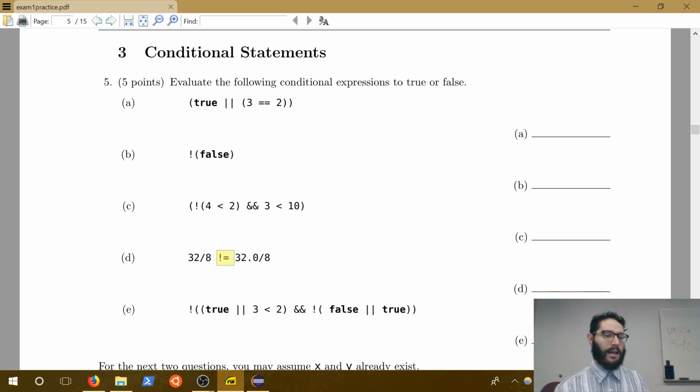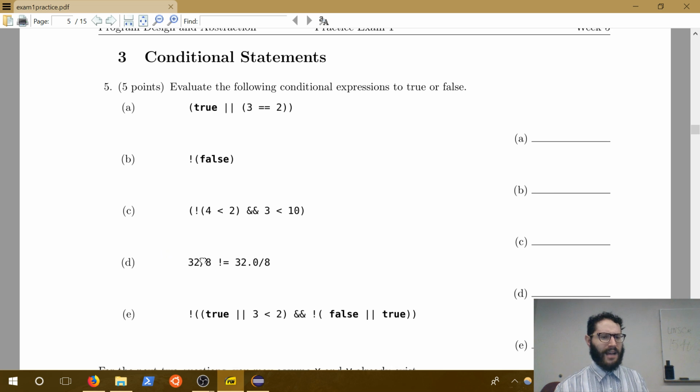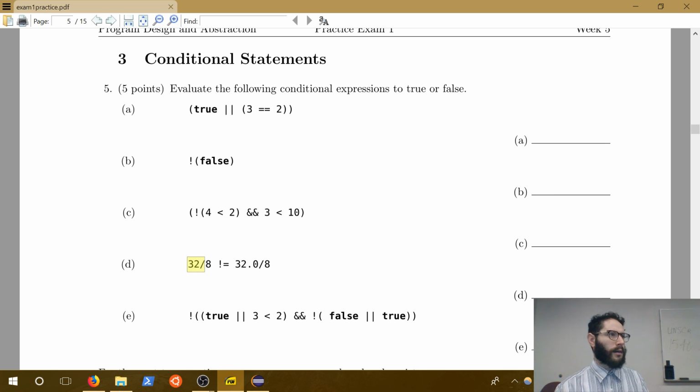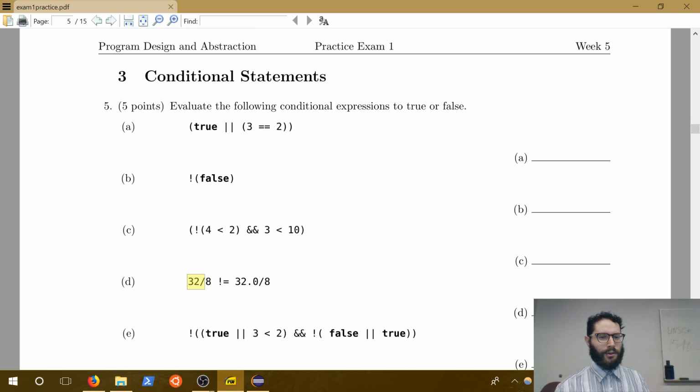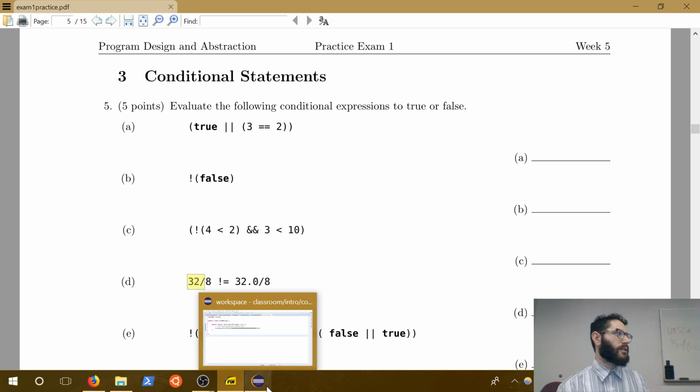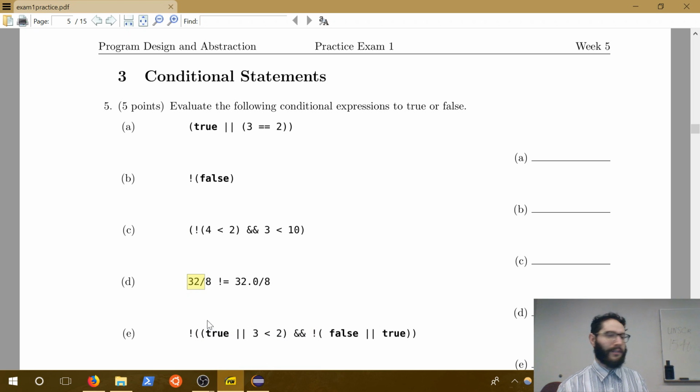Let's look at, is 32 divided by 8 equal to 32.0 divided by 8? So on this side, 32 divided by 8 is 4. And 32.0 divided by 8 will give us 4.0. So now the question is, is 4 equal to 4.0?